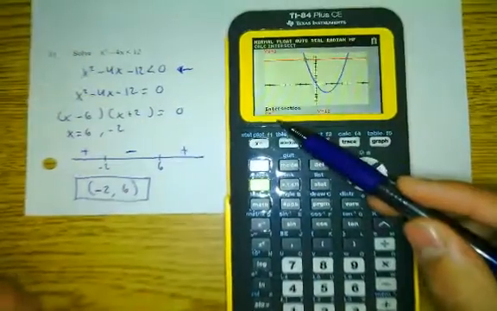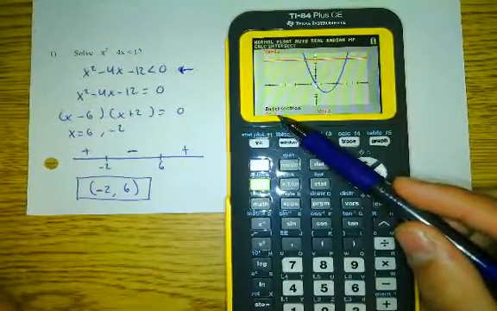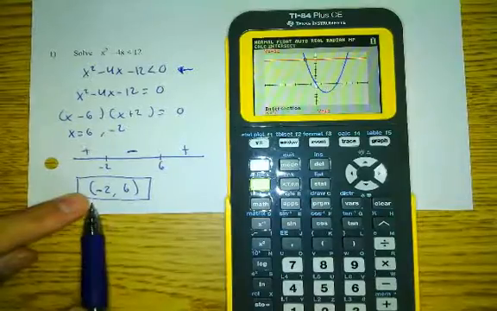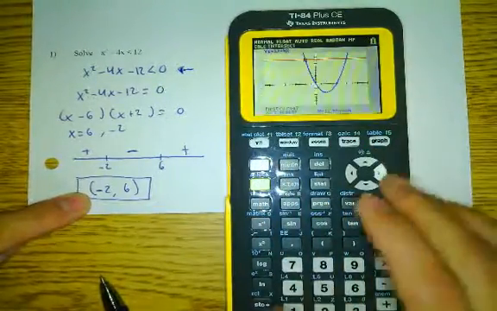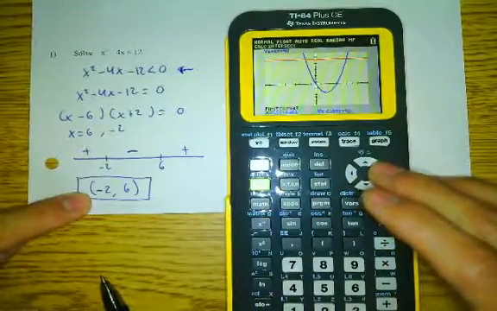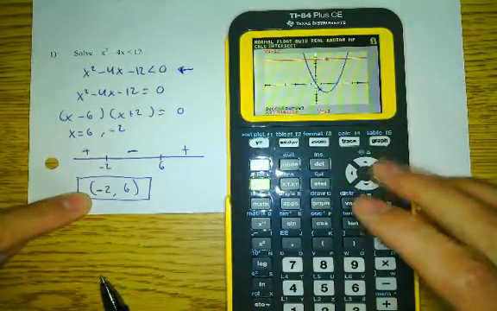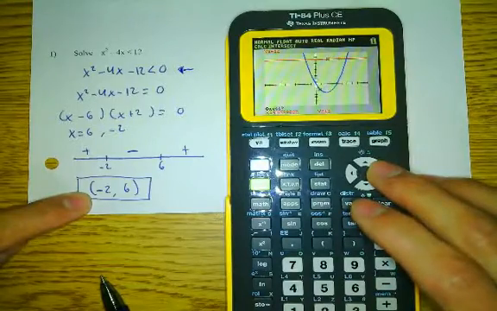Okay, and if you calculate the other intersection, I promise you're going to also get the other value that I got, which was 6. And the intersection happens at the value of 6, which is how I got the other one.